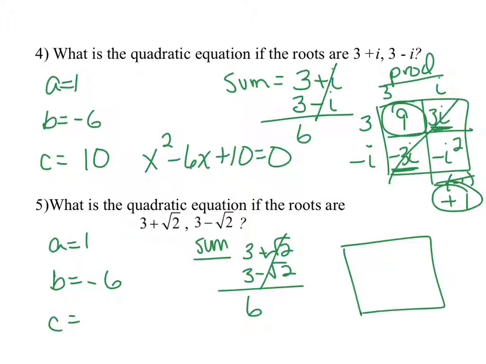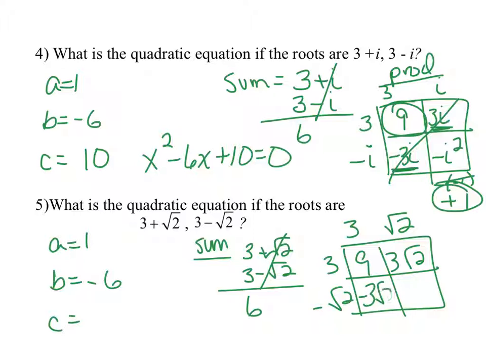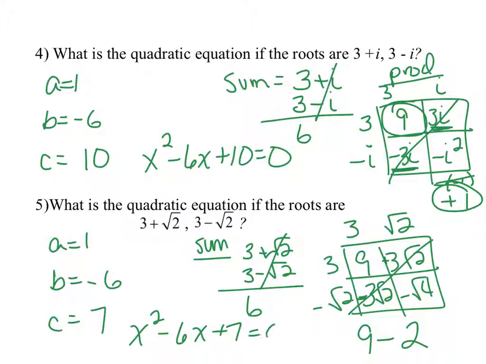The product: 3 plus radical 2 times 3 minus radical 2, so it's 9. And then this right here would be negative radical 4. This is negative 3 radical 2. This is positive 3 radical 2, so those cancel out. So we're just left with 9 minus 2, or 7. So it's x squared minus 6x plus 7 equals 0.